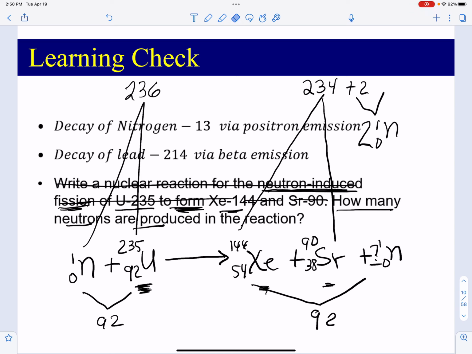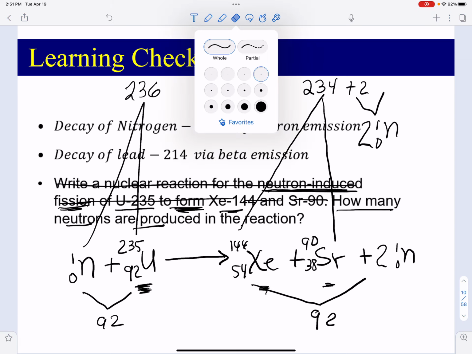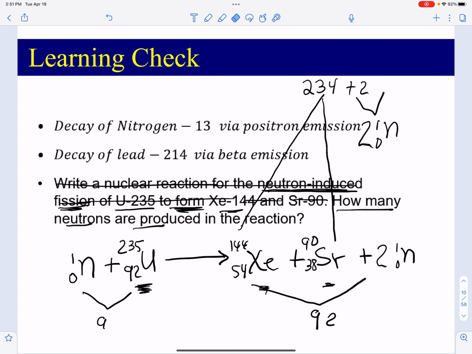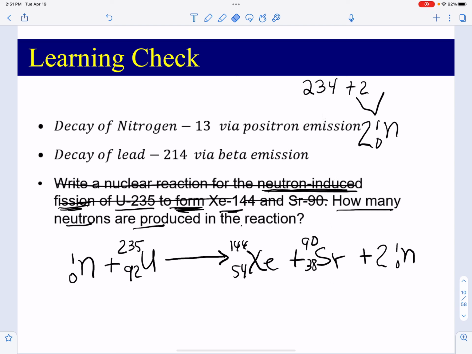So that's what we're going to have here. Let me give myself some space. We're going to have 2 neutrons. And that will balance this equation. So let's double check. On the left side, the atomic number altogether is 92.